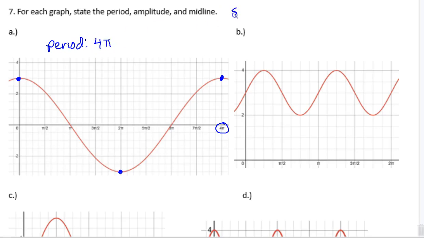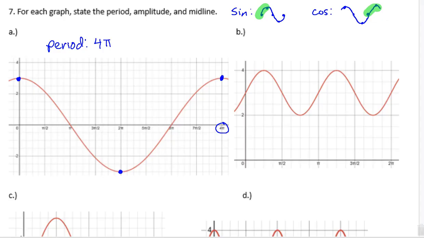Just as a reminder, one regular sine period is center, top, center, bottom, center, and then it graphs like that. And then one period of cosine is top, center, bottom, center, top, and it graphs like that. It's almost like the top piece of the sine got cut off and put here.